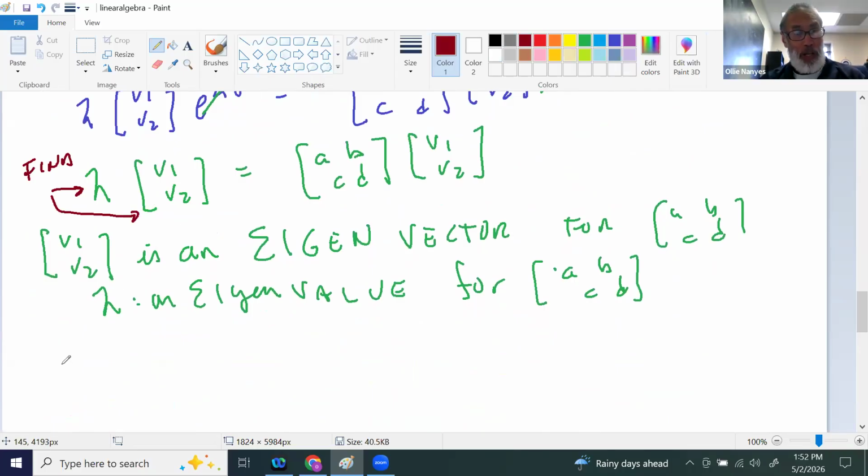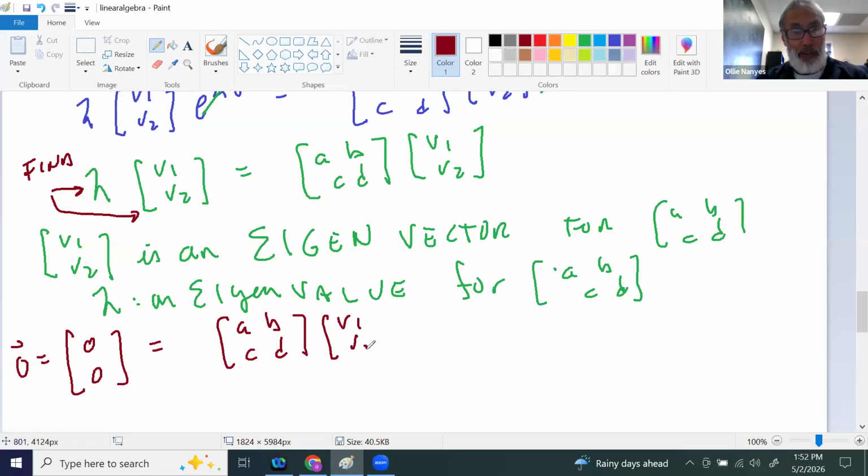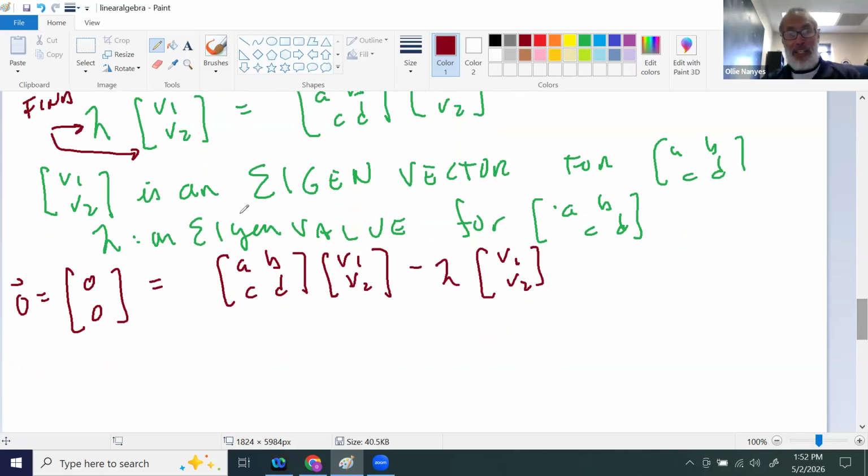If this is true, then we have the 0 vector equal to this matrix times this column vector minus lambda times this column vector. This makes sense because this is a 2-row by 1 column, and that's a 2-row by 1 column, so you can do that. However, I'd like to make these into something I can combine. So I will do the following linear algebra trick.